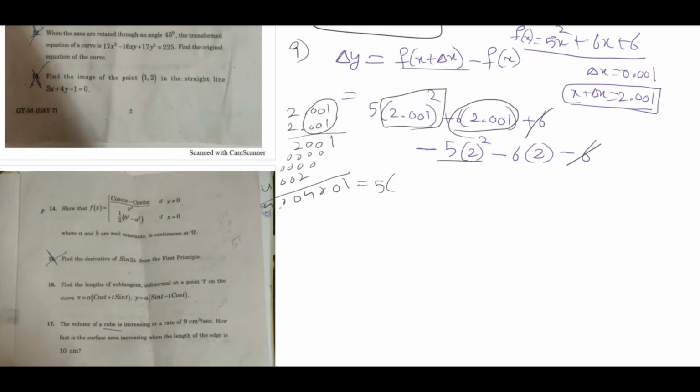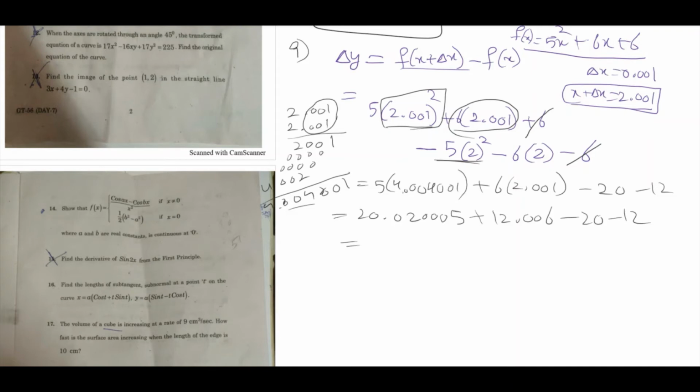So it is 5 into 4.004001, plus 6 into 2.001, minus 20 minus 12. Multiplying this, what I get is 20.020005 plus 12.006 minus 20 minus 12. So subtracting 20 and 12, I get 0.020005 plus 0.006, that equals 0.026005. So this is the value of delta y.